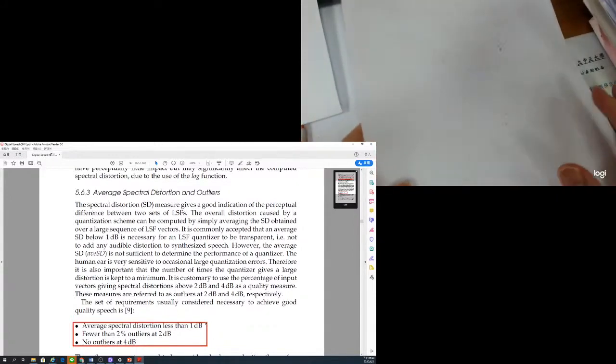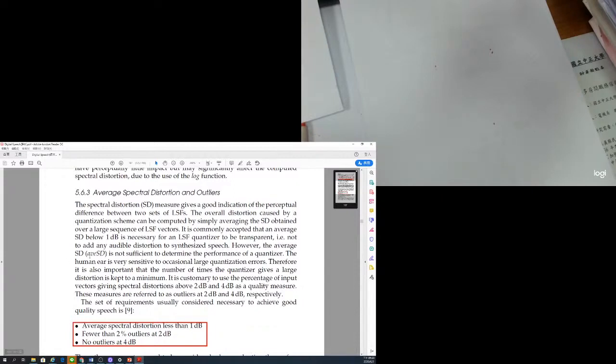What do they want to say here? If we look at the textbook, spectrum distortion can be a good measurement from the perceptual point of view, between two sets of line spectrum frequencies, giving the overall distortion caused by the quantization scheme. Maybe you can use a simple one, spectrum distortion over a large sequence of vectors. However, what performance do we have to achieve?